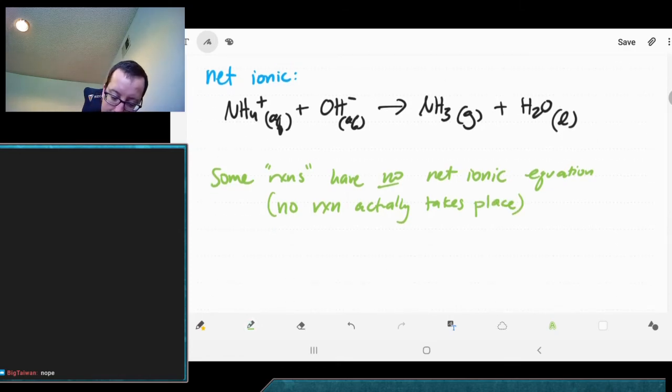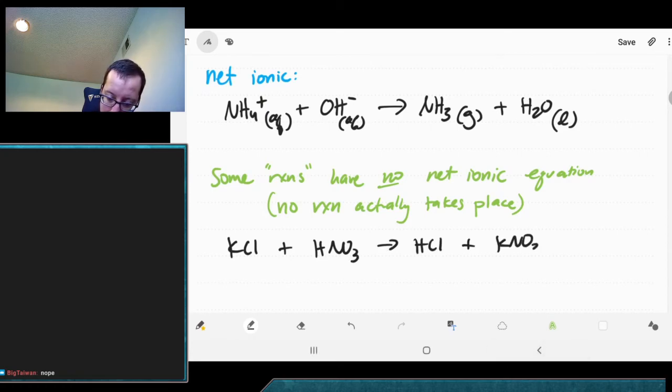For example, see all of these are aqueous.